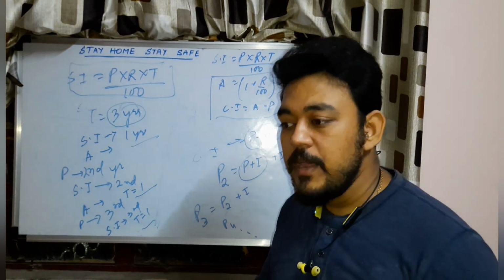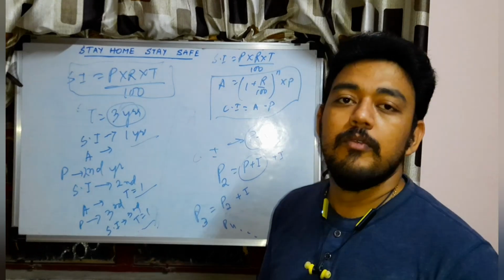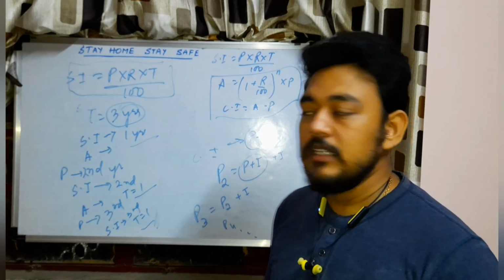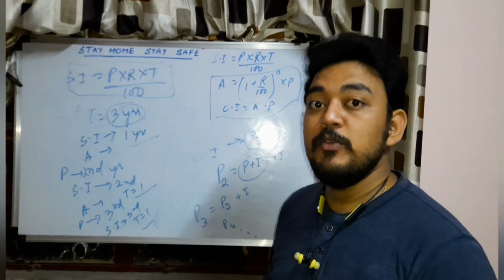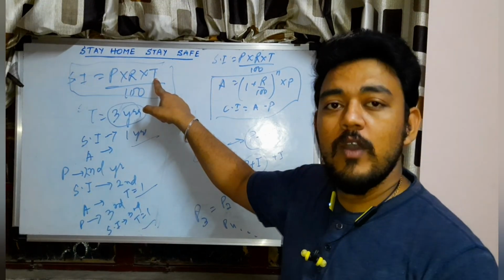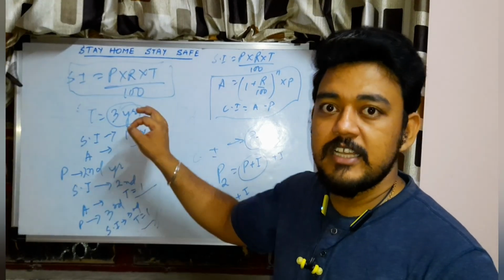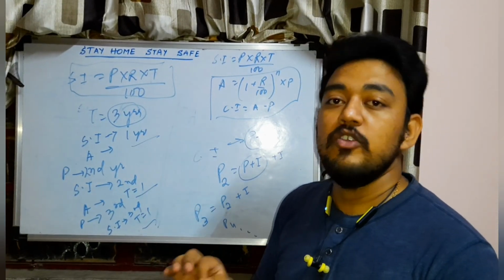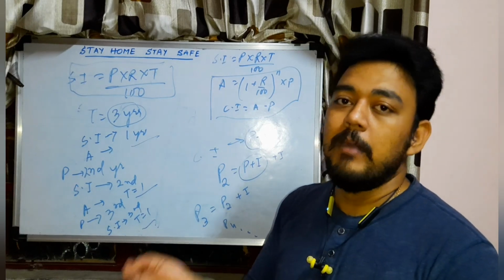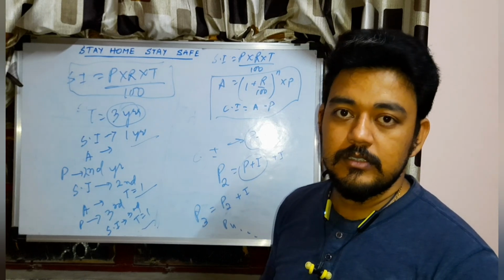For how many days they have kept it, for that many months or years they will get the interest, rather than in SI where you have to keep it for the full term. That means for however many years you have said you will keep it, the interest has been calculated, and you have to keep it that many years. You can't take out the money at first. Yes, you can take it out obviously, but you will not get the interest.